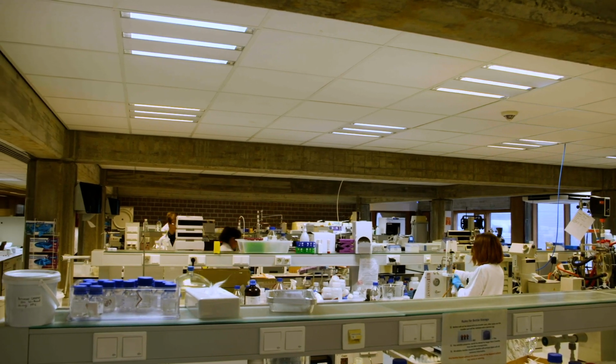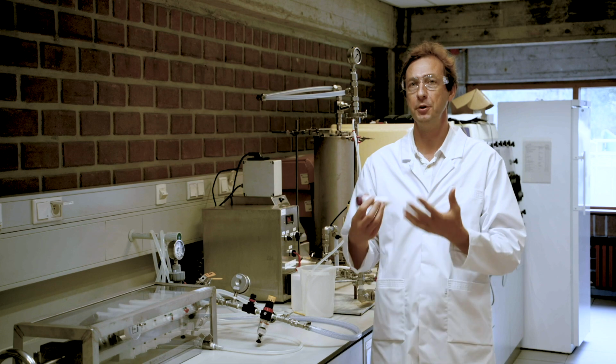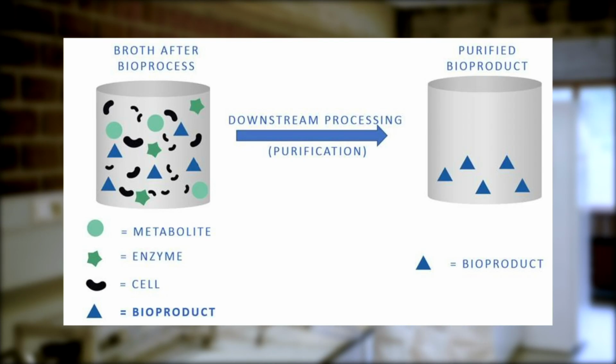After the bioprocess, which is a fermentation or a biocatalytic step, we need to purify the product from this very complex mixture of cells, enzymes, metabolites, etc. in order to get to a pure form. This is a process which we call downstream processing because it is downstream from the bioprocess.